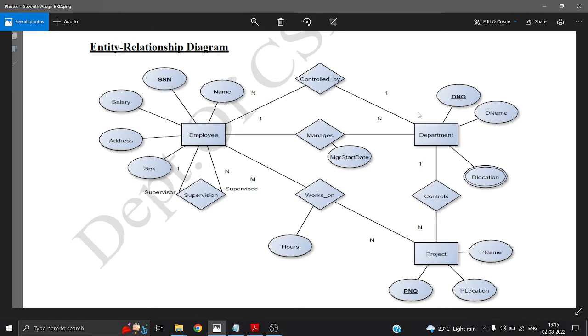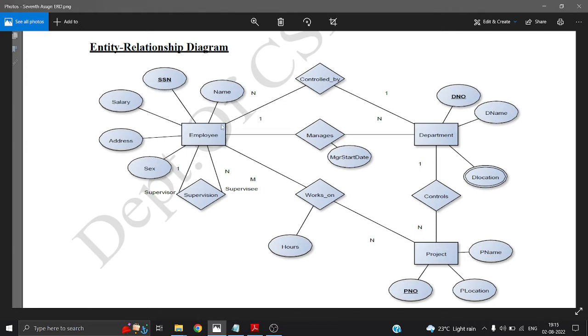Now again, for this case there is a cardinal ratio 1:n. According to the cardinal ratio, where the n lies, on that entity side we have a foreign key. Here one department controls many employees. You can call it controls, or one department has more than one employee. The meaning is the same.